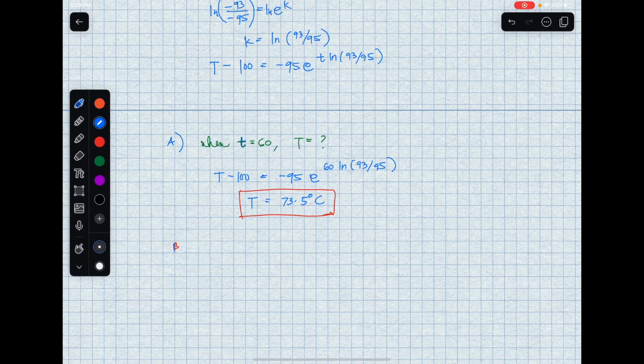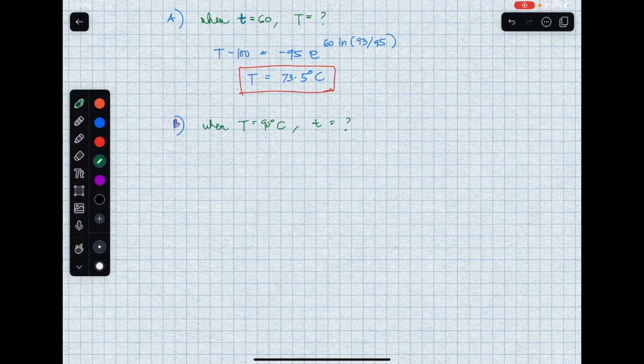And finally, when the temperature is 90 degrees Celsius, what would be that time? It should be greater than 60 seconds, or greater than a minute. So 90 minus 100 equals negative 95 e raised to t ln of 93 over 95. So 90 minus 100 is negative 10, divided by negative 95, equals e raised to t ln of 93 over 95.